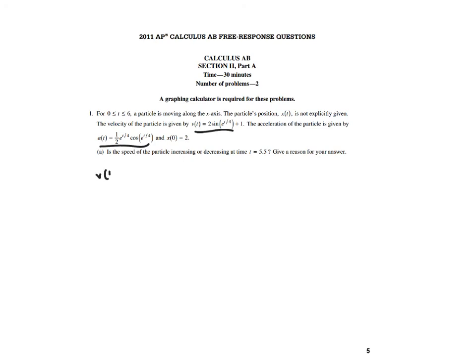So what I did was I put v of t in for y1, and I put a of t in for y2. Using alpha trace, I pulled up y1 and plugged in 5.5, and alpha trace y2 and plugged in 5.5, and I got myself two answers. The velocity at time t equals 5.5 was negative 0.453, and the acceleration at 5.5 was negative 1.359.